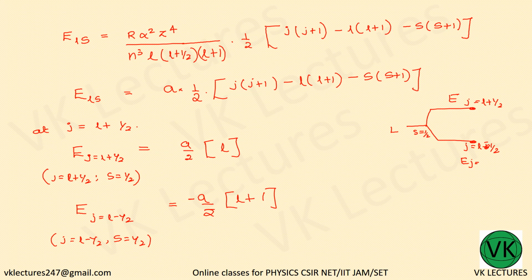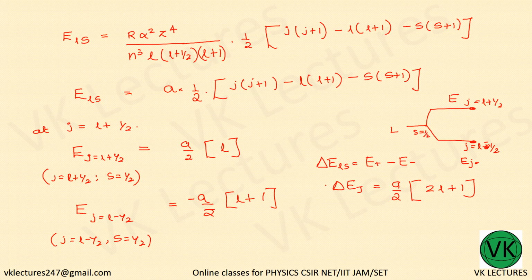Now what is delta E_LS? It is nothing but the energy gap between these two, E plus minus E minus, where this is L plus half and this is L minus half. The difference between these two energy levels is delta E_LS, or delta E_J, which is equal to A by 2 into, because A by 2 is common and minus of minus becomes plus, 2L plus 1.